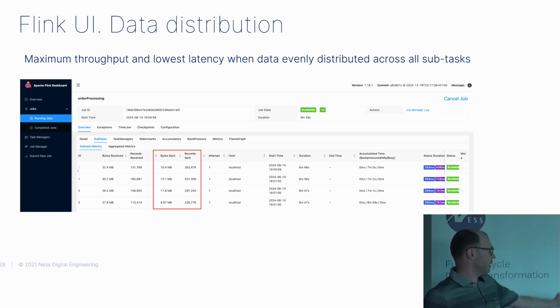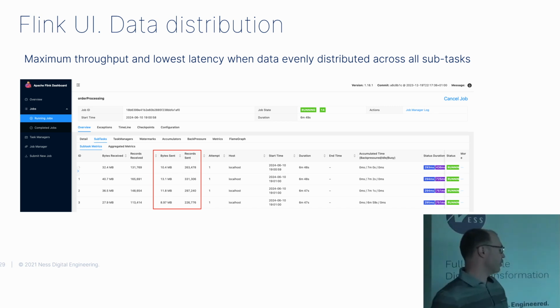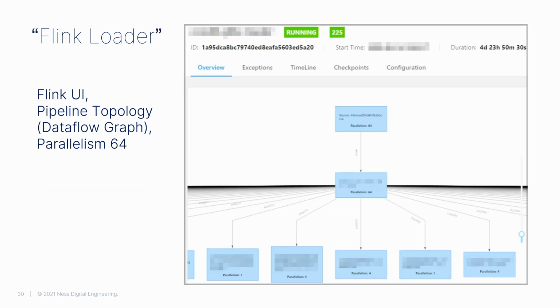You could see that we have an operator, it's up and running, and it has the full level of parallelism. We are talking about just 4 subtasks, and the number of bytes and records is more or less equal. So this is important. Sorry, this is not a spider. Don't be afraid.